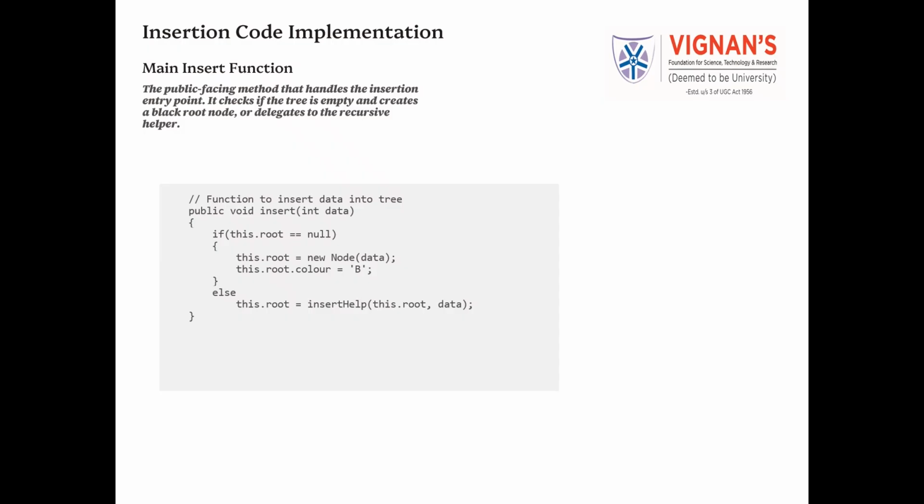Finally, the updated root is returned and stored back in this dot root. This code ensures that every insertion maintains both the binary search tree property and all red-black tree balancing rules.